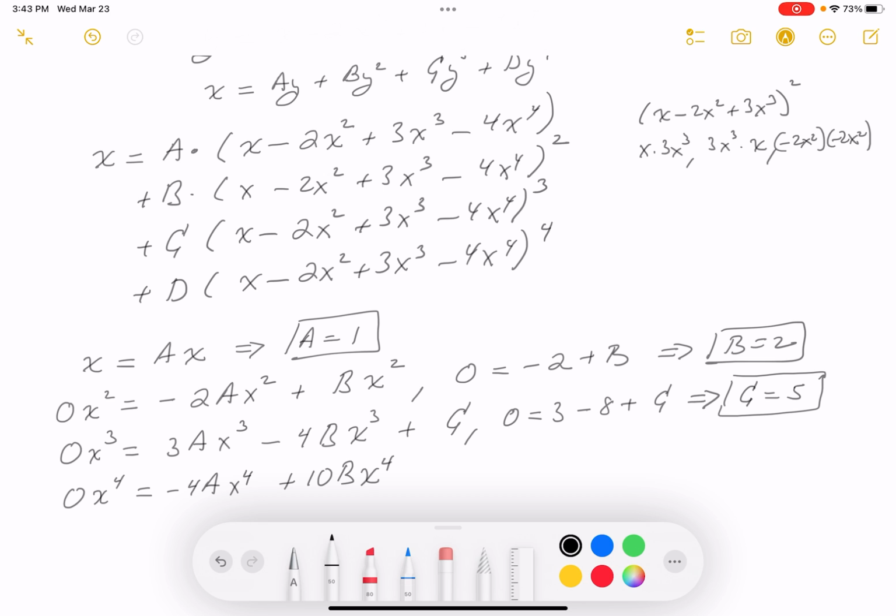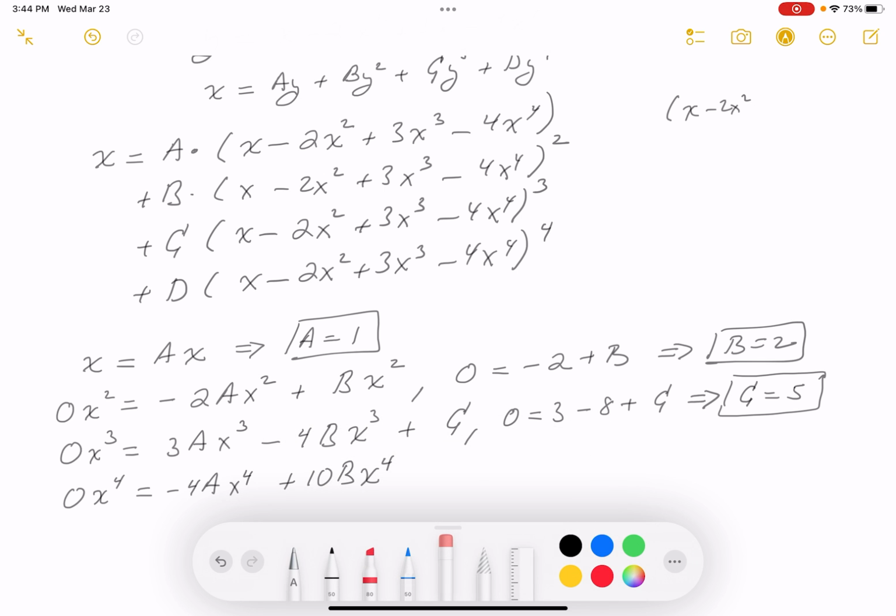Let me get my eraser around, need some room. As it goes up in number, it gets more difficult, except when I get to the d. And I'm doing the c now, right? So let's write this down. I'm looking for fourth powers too. So it's going to be x minus 2x squared plus 3x cubed. Well, I don't go that far, do I? Oh, yeah, I do. Oh, no, I'm cubing it. I don't go that far. Get my eraser out.